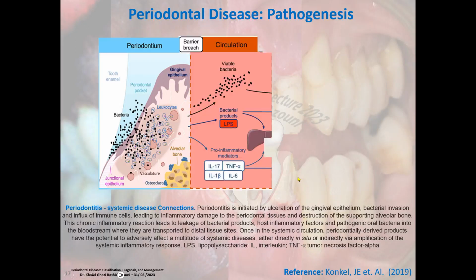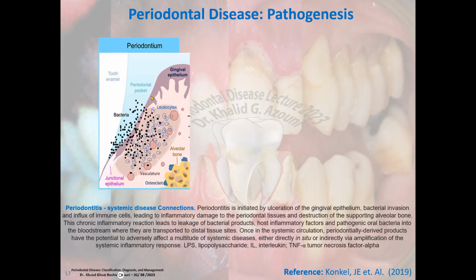And then here we can see the gingival sulcus and the periodontal pocket. We can see the bacterial challenge, some bacterial invasion and activation of the immune response of the body, immune cells coming from the blood vessels in the periodontium, and then activation of the osteoclasts with bone resorption.